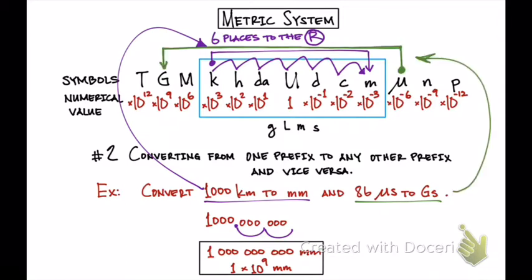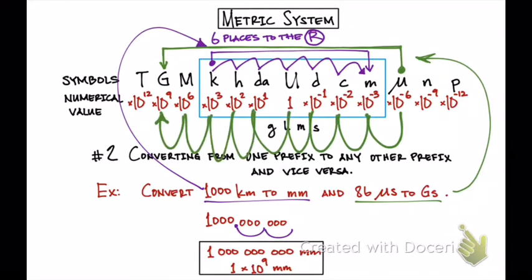point 15 places to the left. So it's again 3, 4, 5, 6, 7, 8, 9, 12, 15. So that's a total of 15 places to the left. And so here's 86, and we're going to move that decimal point 15 places to the left.